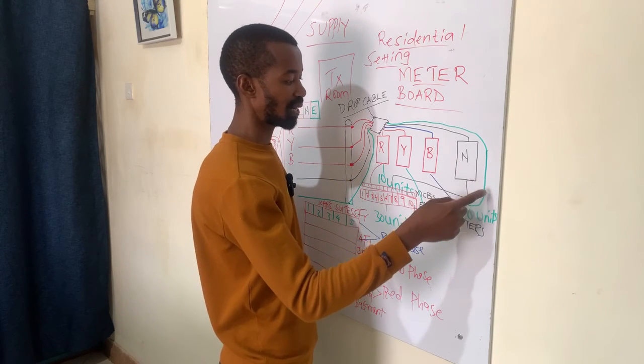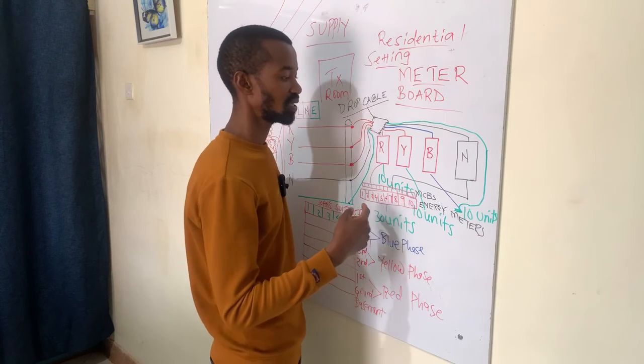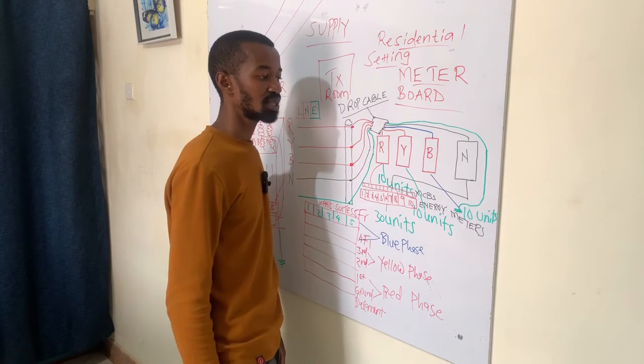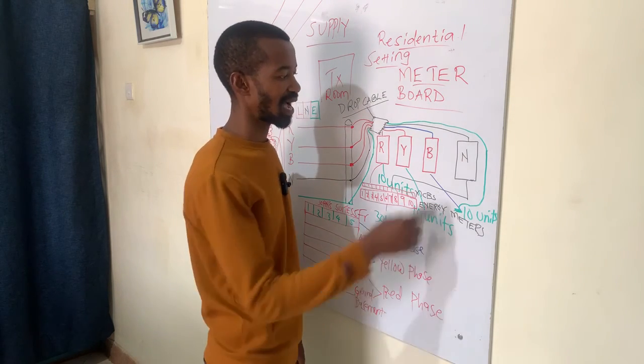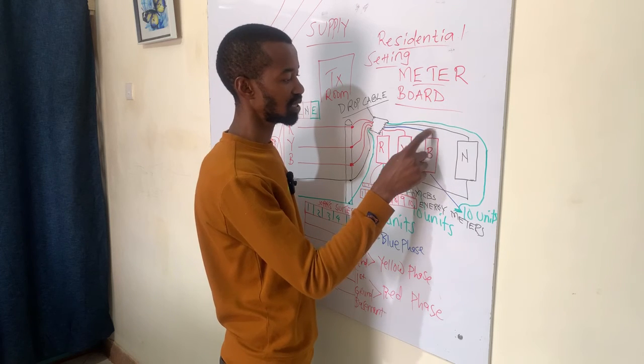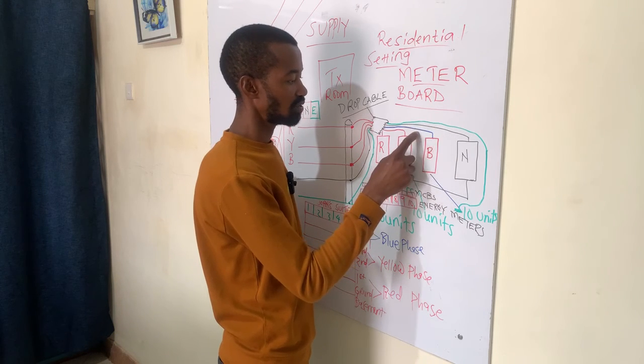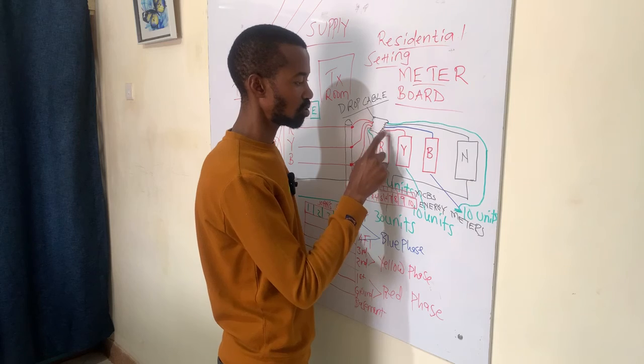So if this one burns, it burns the entire insulation, meaning the entire cable is burned. And as it burns, it may burn the insulation of the neutral, the phase, and I mean all the phases.